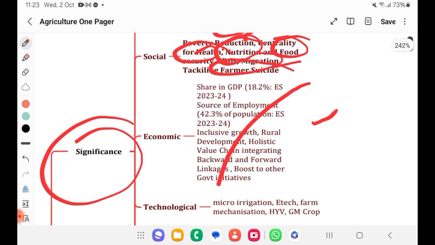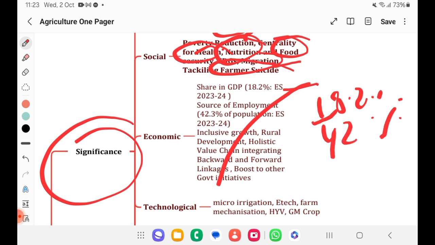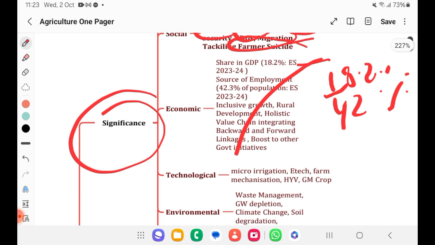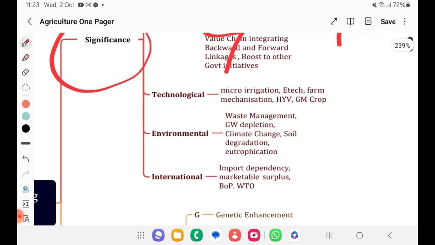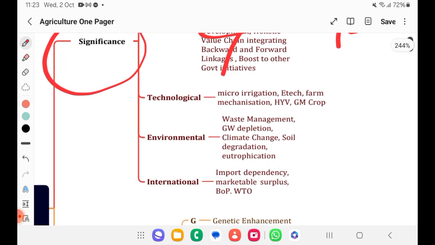Economic, we have two data points, 18.2% of GDP and 42% of employability. We can see inclusive development is core here. Then we have seen technological: micro irrigation, e-tech, farm mechanization, HYV, GM crop, etc.